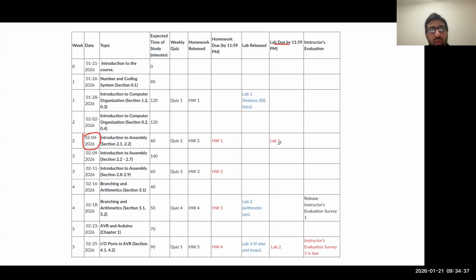On the due date you can go and show your work, or even before the due date. For example, on this date the lab is not due, but the lab room is already reserved for you, so if you want to work or do anything related to the course, you can use the lab space.